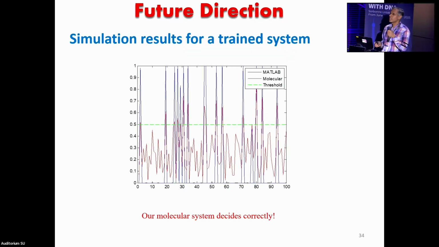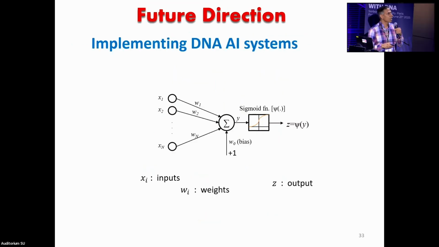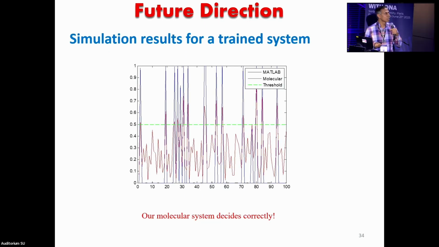The preliminary results of our simulation using MATLAB, which are shown here in the blue, I don't know if you can see the difference, and what we have for the simulation of DNA reactions are matching. It means that if we consider the perceptron that we had here is a binary perceptron that has either true or false in the output.